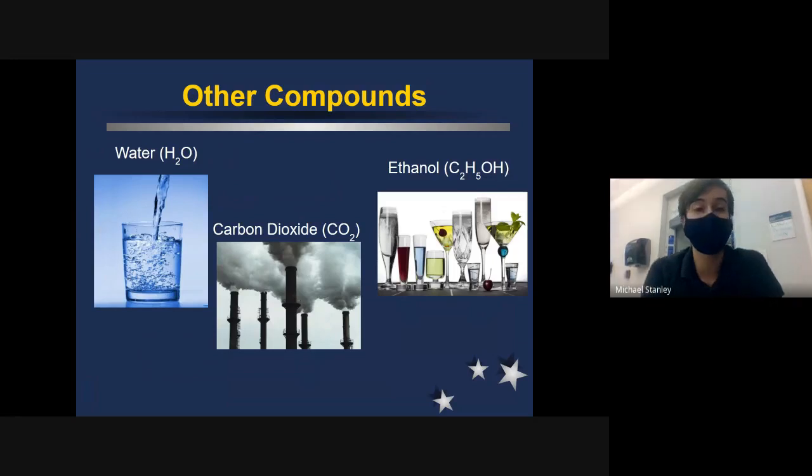So some other compounds that you may be familiar with. Water, another very important compound that we use to drink and keep hydrated. You've probably heard of the chemical formula H2O before. What that means is that a water particle is one oxygen and two hydrogens stuck together.